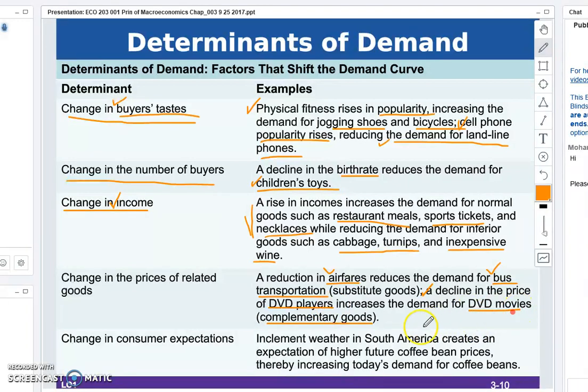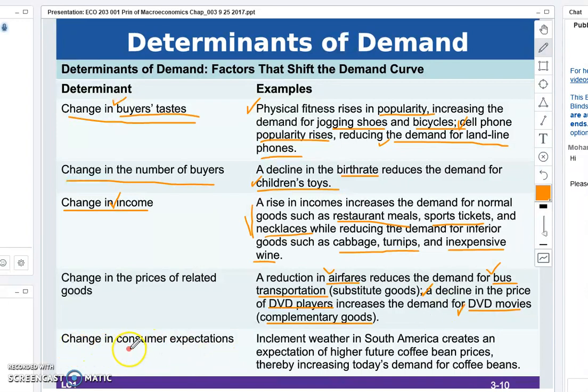If DVD players become less expensive, people buy more DVD players, and then they will buy more DVD movies to watch on them. So as a result, demand for DVD movies will increase, and the demand curve will shift to the right.